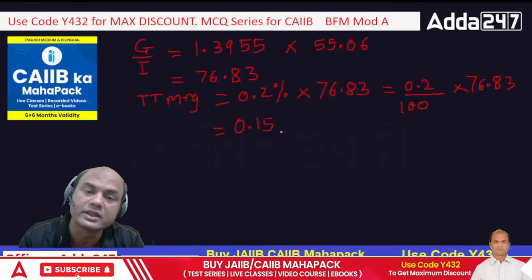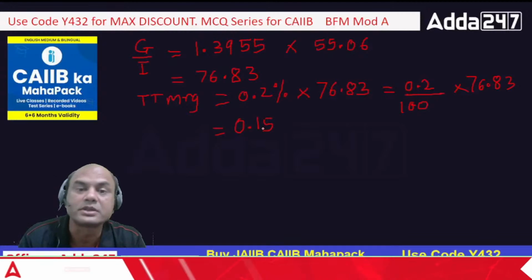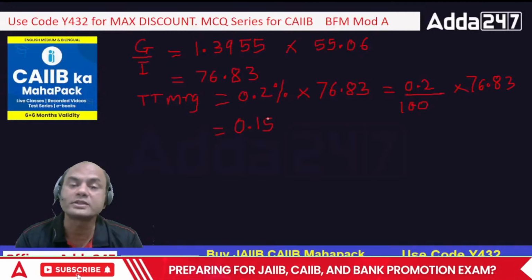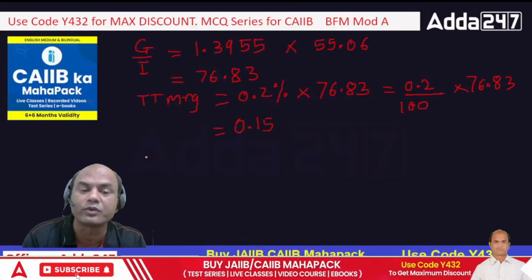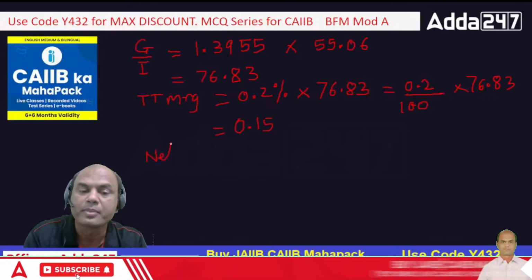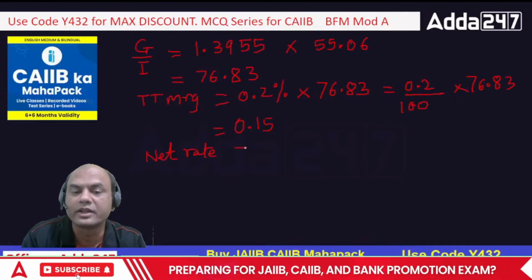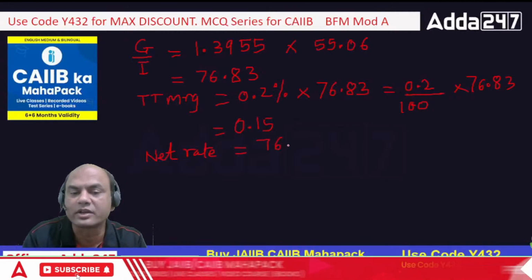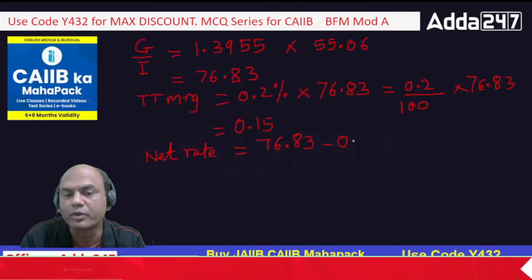So what do I do now with this TT margin? I'll have to subtract. Just now we saw it. But subtract from what? I'll subtract it from this rate. So my net rate is 76.83 minus 0.15.